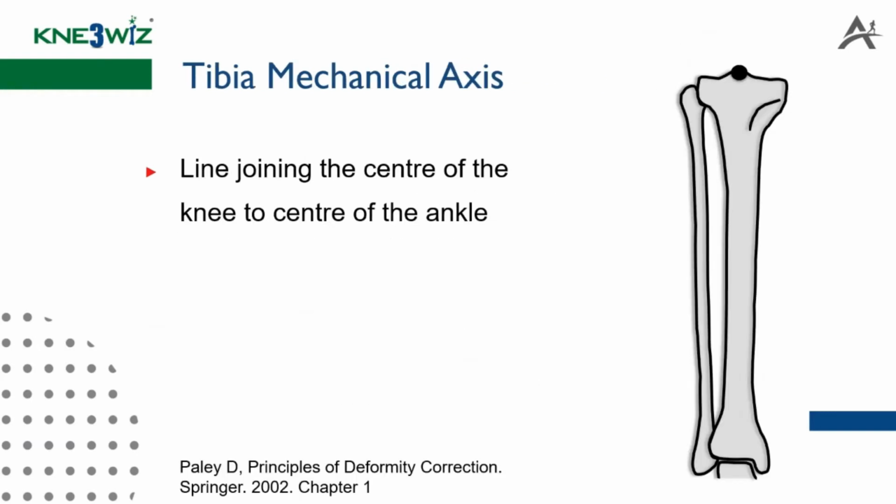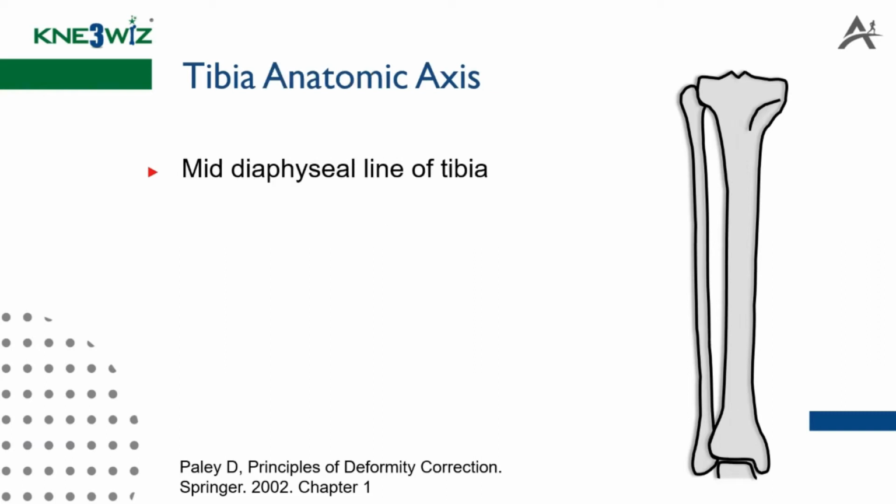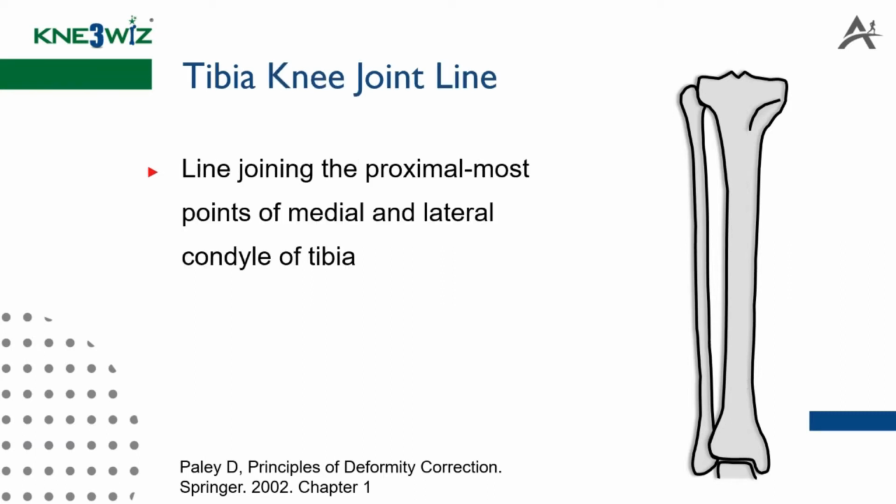The line joining the tibia knee center to the ankle center is the tibia mechanical axis. The mid-diaphyseal line of the tibia is the tibia anatomic axis. The proximal most points of medial and lateral tibial condyle are marked, and the line joining them represents the tibia knee joint line.